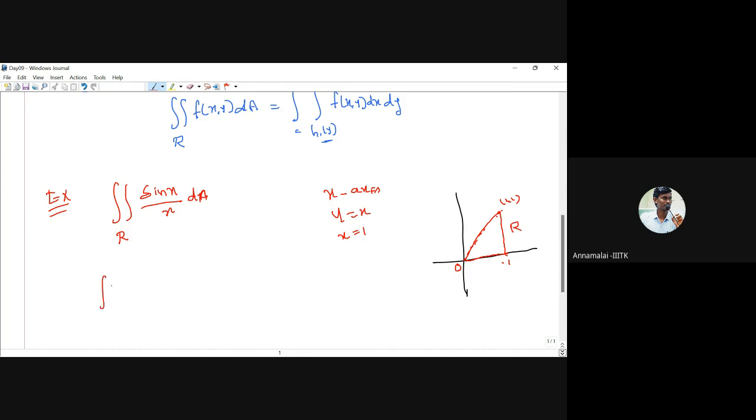Therefore the integral of sin x by x dA is nothing but the integral from 0 to 1, this is the x limit, and then 0 to x, because y is varying from 0 to x, depending upon x, of sin x by x dy dx. So now first you integrate with respect to y, and you get the integral from 0 to 1 of sin x by x times y dx.